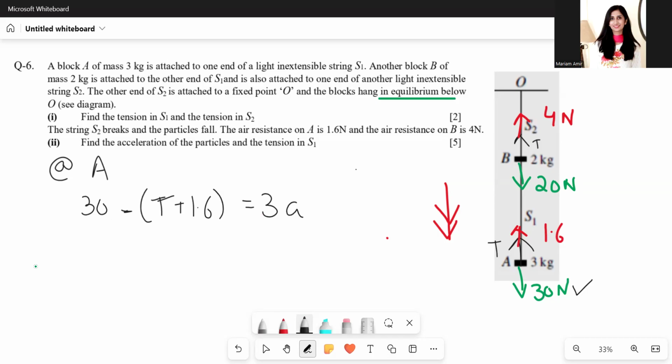This gives us 28.4 minus T is equal to 3A, and let's call this equation number 1.